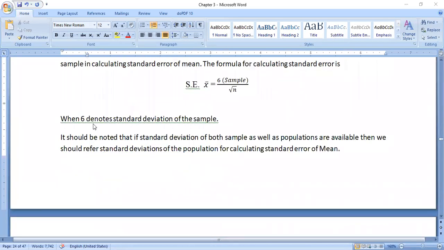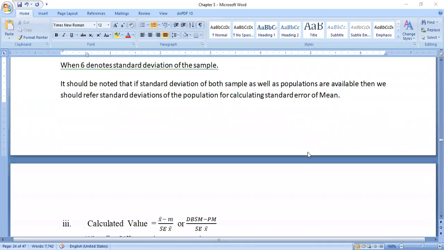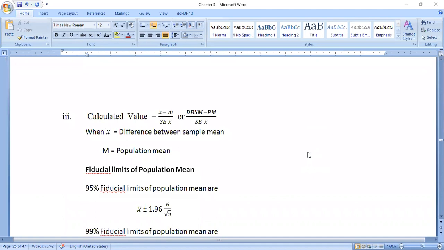It should be noted that if the standard deviation of both the sample as well as the population are available, then we should refer to the standard deviation of the population for calculating standard error of mean. After the formula for known or unknown population standard deviation is applied, we will get some value.